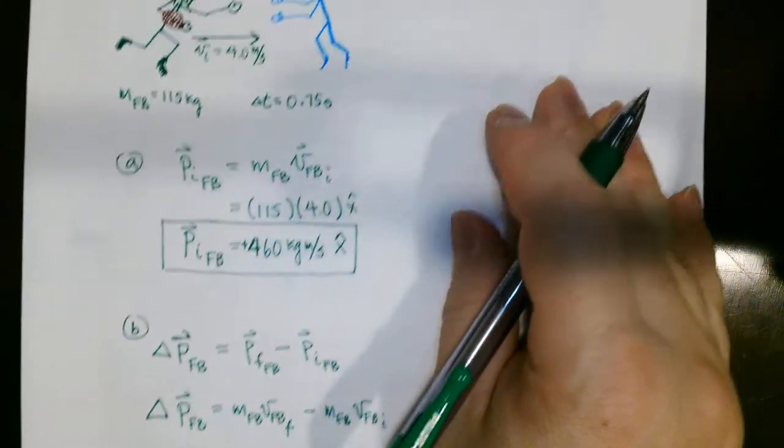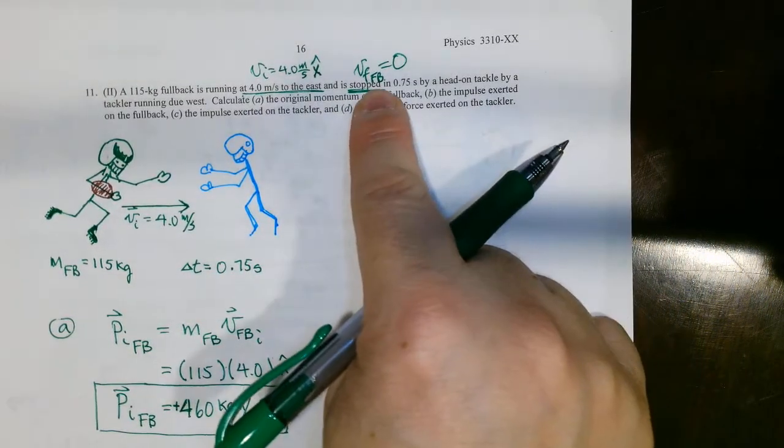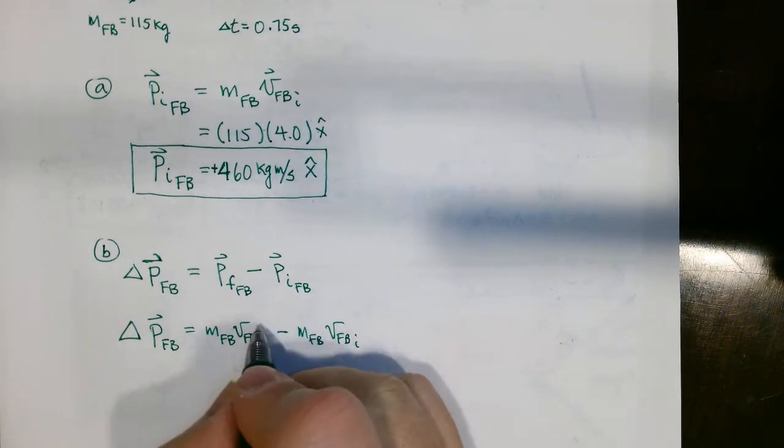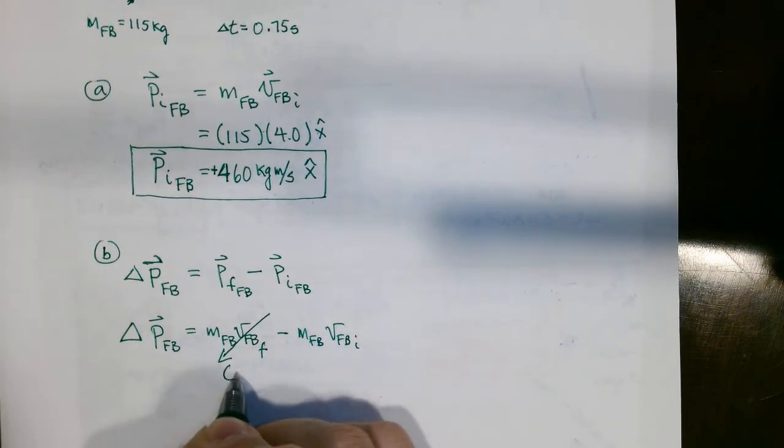We already established the fullback's final velocity is 0.